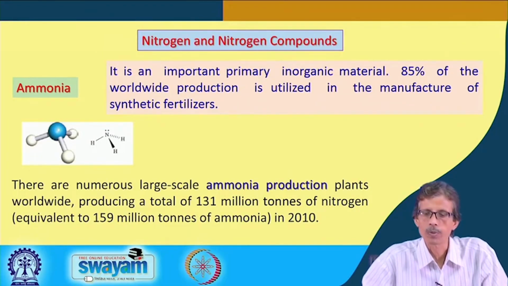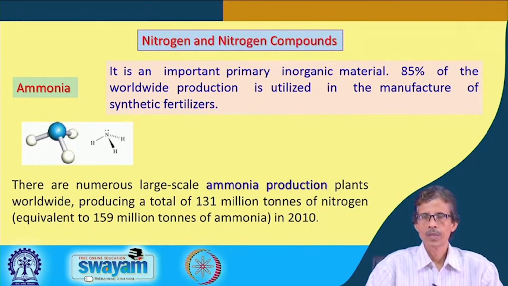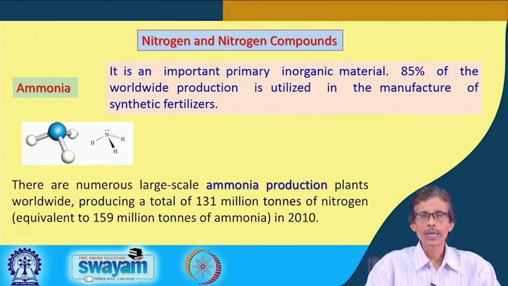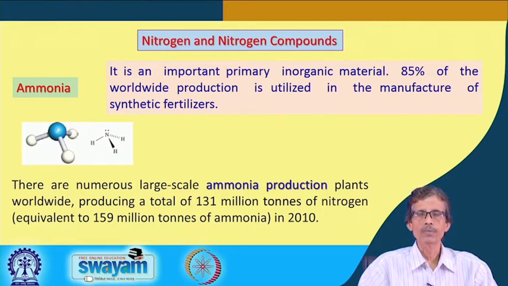80% of the worldwide production is utilized in the manufacture of synthetic fertilizers. So, inorganic chemical based fertilizer can be produced based on the production of a large amount of ammonia. Biochemically, as we all know, nitrogen can be fixed from the air, which we have discussed a little bit in our previous classes.